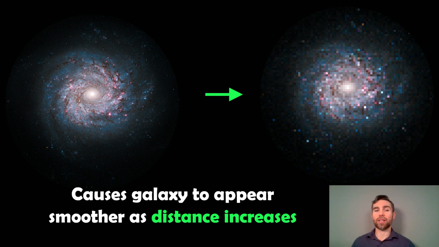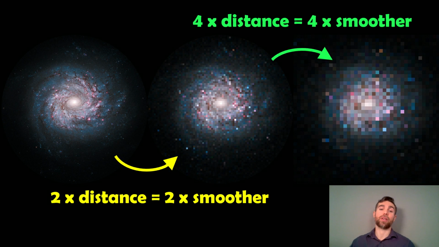Well, it makes the galaxy appear smoother. You don't get the really sharp resolution as if it was closer. So galaxies that are further away appear smoother. The surface brightness fluctuation, the point-to-point fluctuation, decreases the further away you go, because you've got more stars being grouped together, and the fluctuations are being smoothed out essentially.